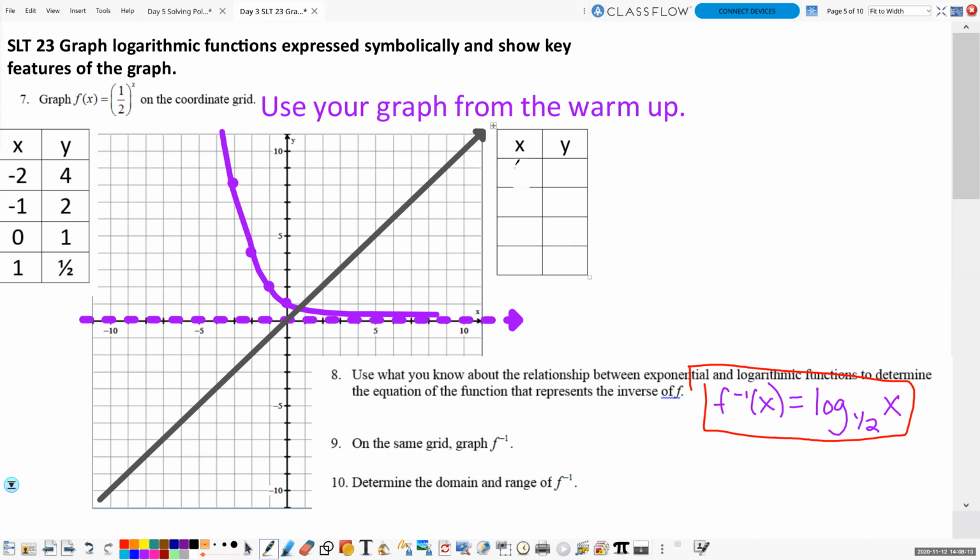So now I'm just going to flip them around. And again, it's going to have a vertical asymptote of x equals 0. And I want to make sure I draw it so it's got that reflection over the line y equals x.